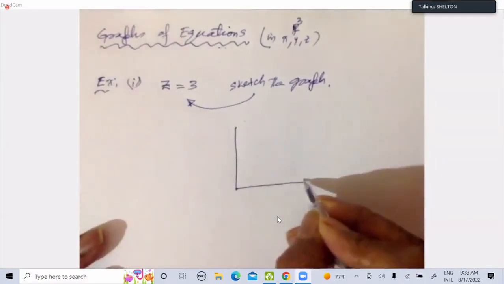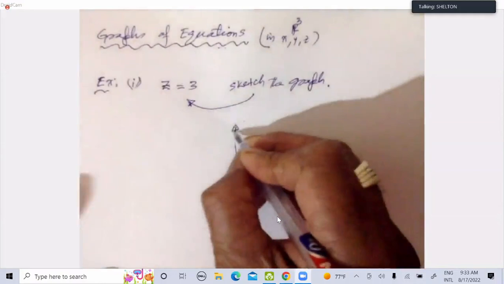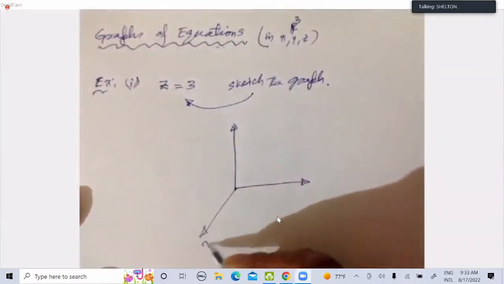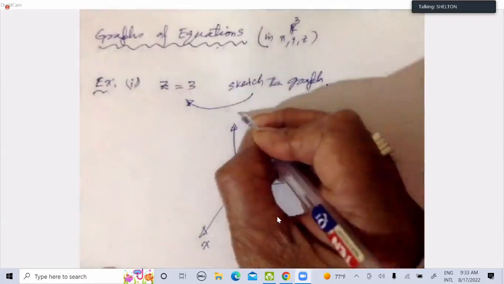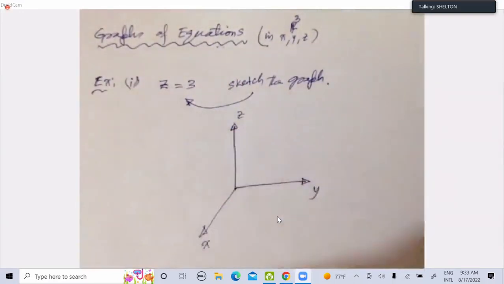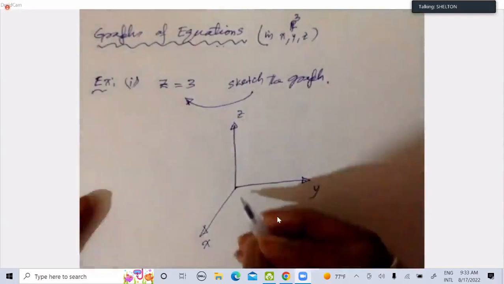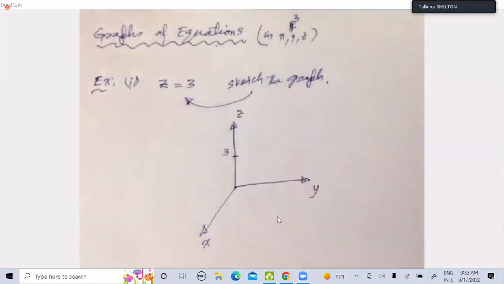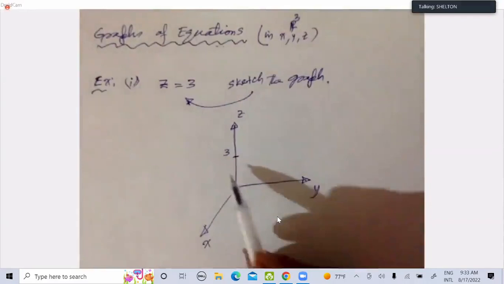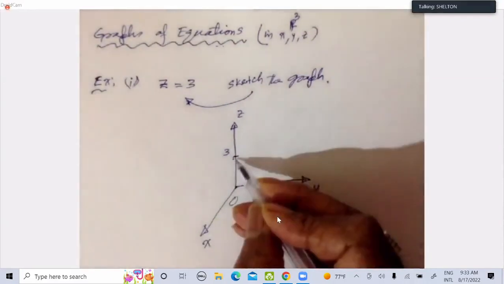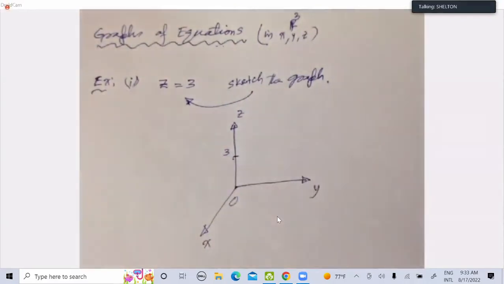Now this is an equation in x, y, z, but only z is there. So we always have x, y. Now z equals 3, meaning on the z axis, go to the place 3. If I take this point, what is the z coordinate? The z coordinate is 3. x and y can be anything.